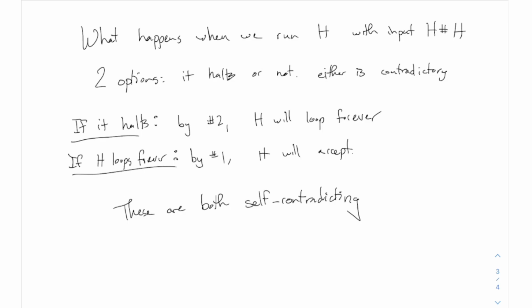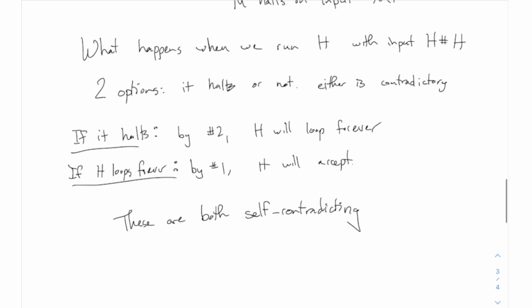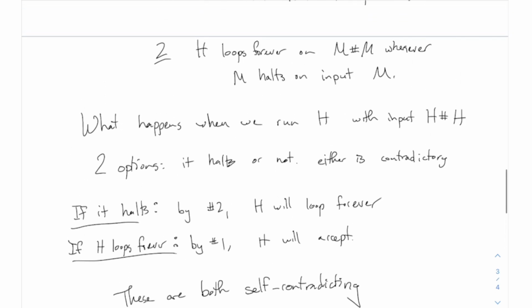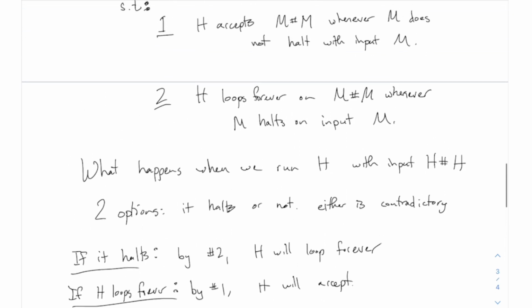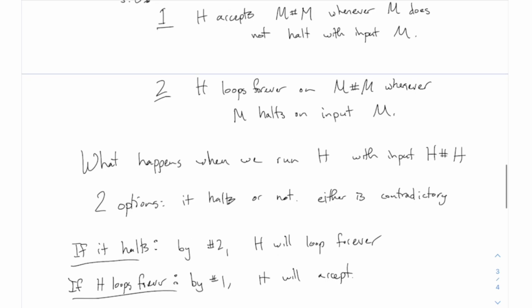Yes? So for the halting condition for H, why is that number 2 and not number 1? Number 2 is about what happens when the machine halts on its own input. This M is not a particular machine.